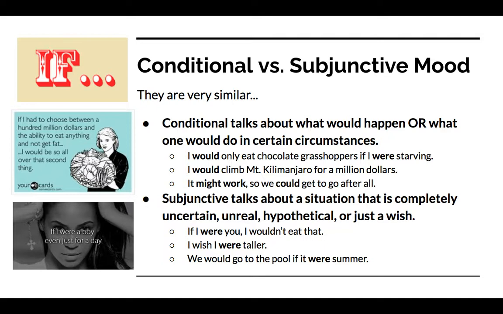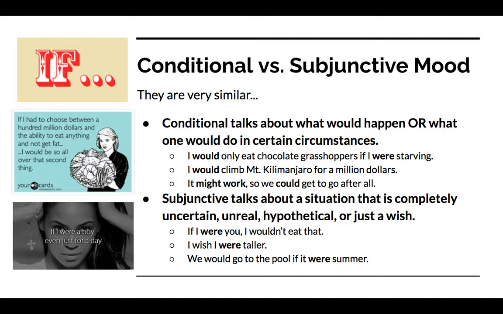Let's look at our first example: If I were you, I wouldn't eat that. Now, I've seen this a lot, okay? This is obviously unreal. You can't be the other person. So you don't say if I was you. You say if I were you. That were is always used in the subjunctive. Remember, that is one of our state of being verbs, okay?